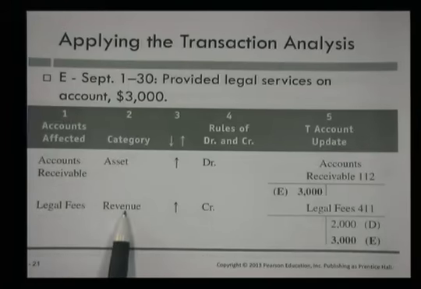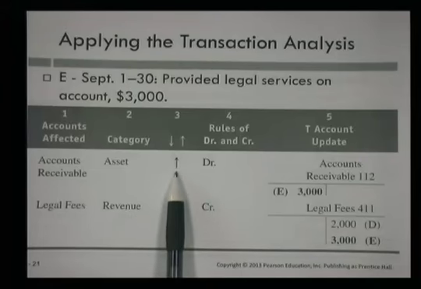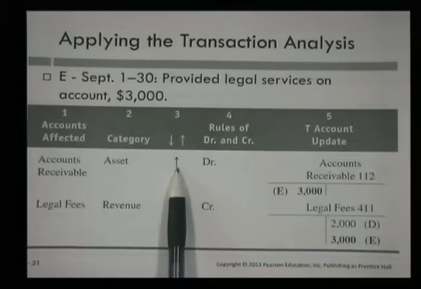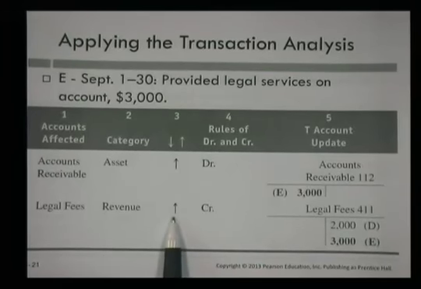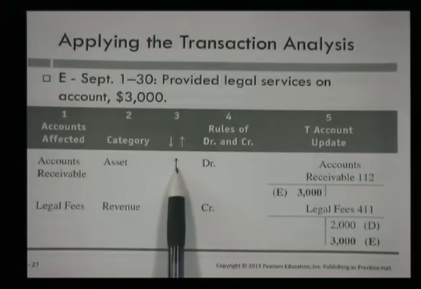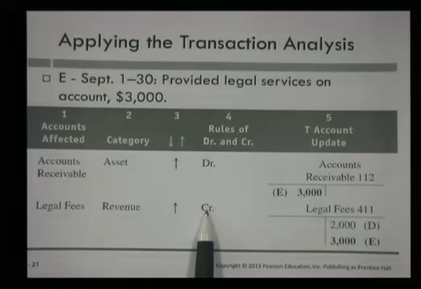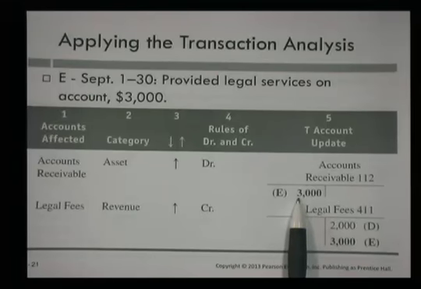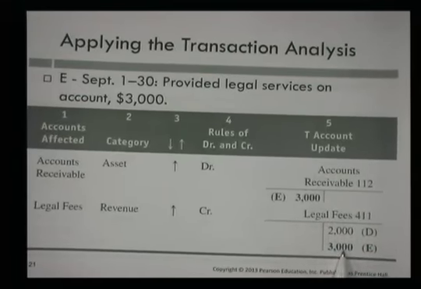Legal fees is revenue. Now, we're going to receive money in the future, so that's going to increase our accounts receivable, and our revenue is increased. So the rules of debit and credit state that to increase an asset, you debit. To increase a revenue, you credit. So our T accounts will look like accounts receivable debited $3,000, legal fees credited $3,000. Debit equals the credits.